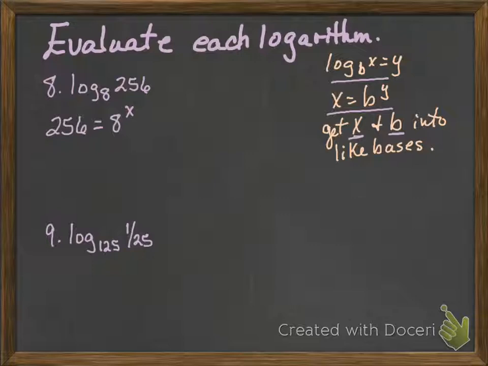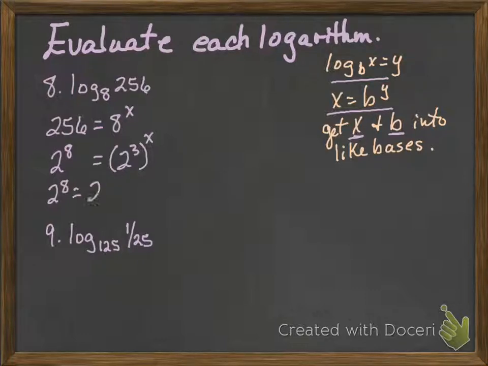Now, 256 is 2 to the 8th power. 8 is 2 to the 3rd power, and we raise that to the x power. Okay, so we've got 2 to the 8th power. Now remember, we said when we take a power and raise it to another power, we multiply the powers together.